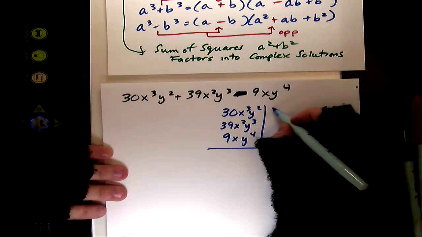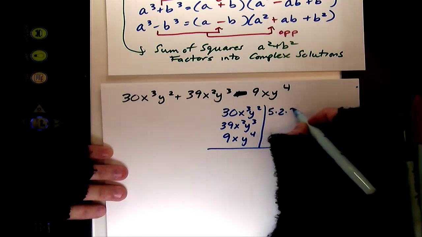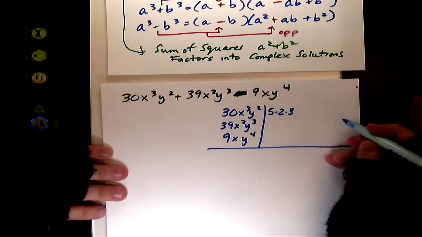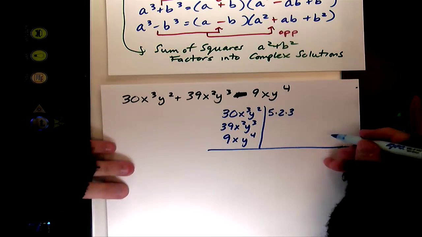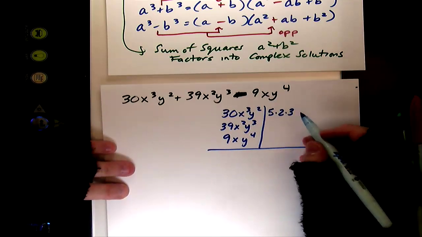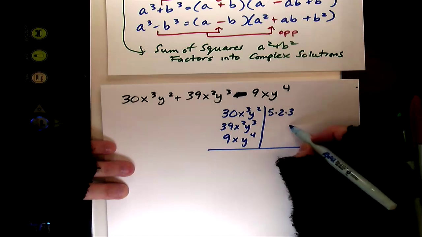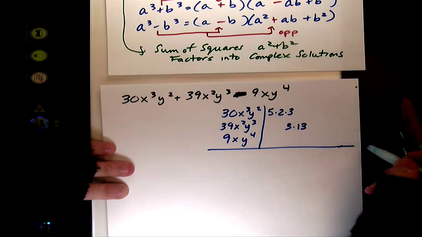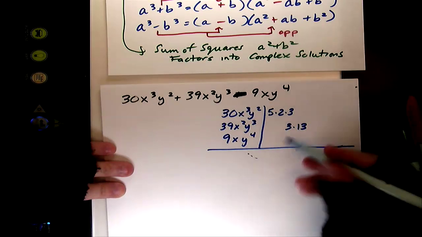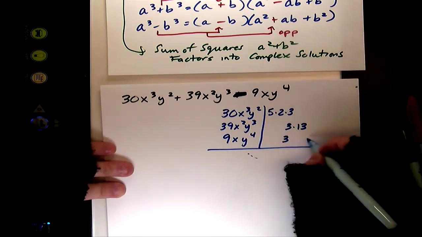And 6 is 2 times 3. So 30 is 5 times 2 times 3. I'm going to line up similar factors under, if they're the same number, put them underneath it. 39 is 3 times 13. I've got a column for 3s, I'll line the 3 up underneath it. 13 means a new column. And 9 is 3 times 3. I got a column for 1 3. I need another column for another 3.